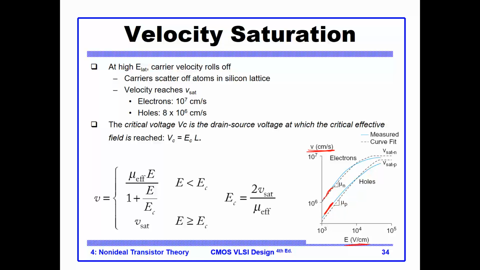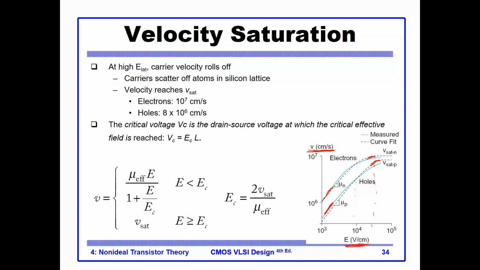Then you get this bending here, and this is where the critical electrical field starts, for both the holes and the electrons. The critical electrical field is where we start seeing this relationship cease to exist. We are not increasing the velocity of the carrier linearly with the lateral electrical field.